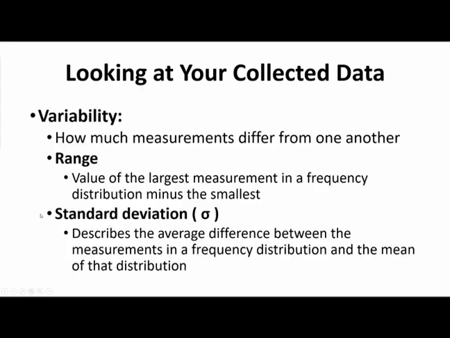We could also talk about standard deviation, and this is something that we don't have to calculate because there are statistics classes for that. But we're going to look at standard deviation basically as describing the average difference between measurements in a frequency distribution and the mean of that distribution, which is a fancy way of saying how spread out your data points are.